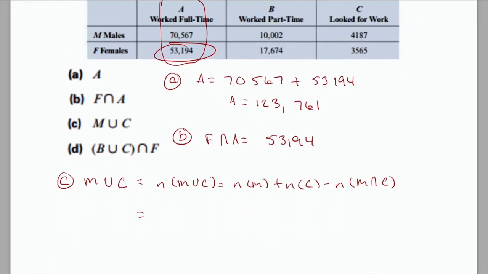So that's going to give me n(M union C) equals n(M), which would be 84,756.